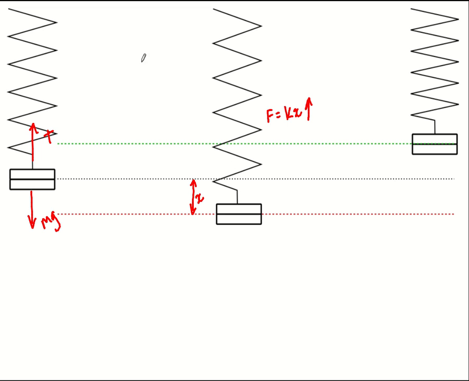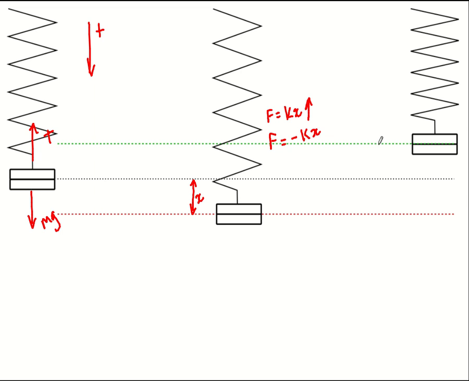accelerating upwards. Now we need to define a direction, so let's say downwards is positive, because we pulled it downwards in the first place. So our x is positive, but our acceleration is negative. So actually, the accelerating force is minus kx.